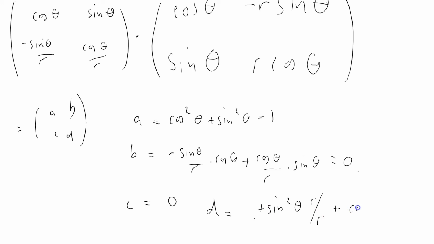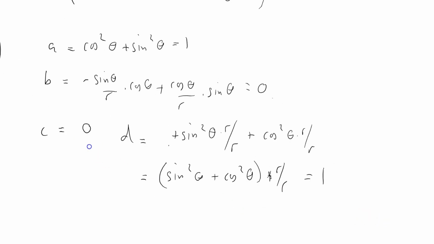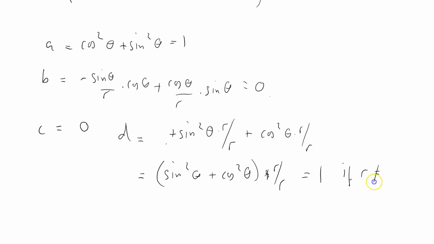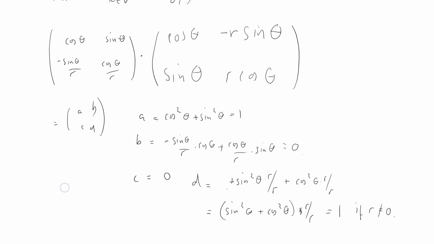Plus cos squared θ times r over r, equals sine squared θ plus cos squared θ times r over r, equals 1 if r is not equal to 0. If r equals 0, it's very difficult, because it's a singular point. So our little matrix there is 1, 0, 0, 1, and we've shown that the forward Jacobian matrix multiplied by the reverse matrix is equal to the identity matrix.